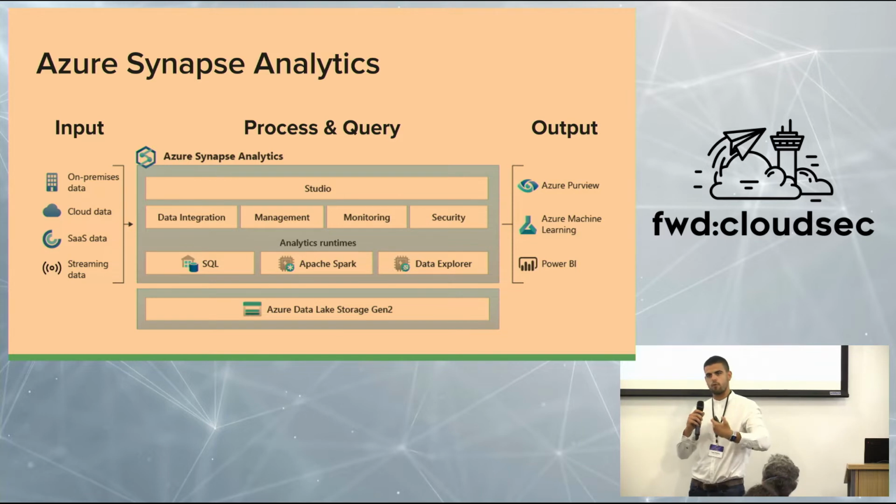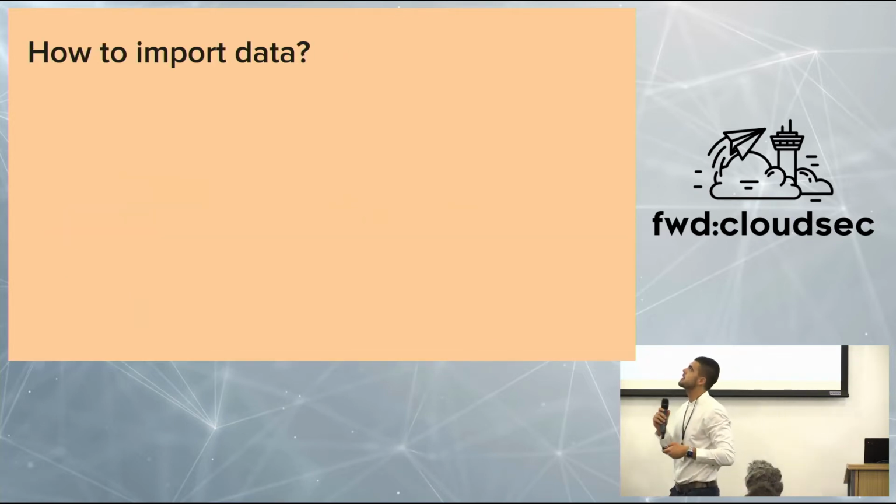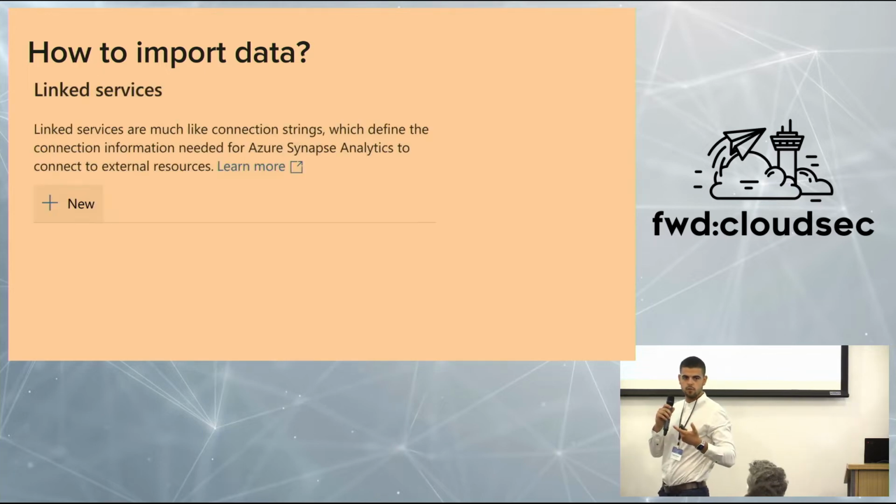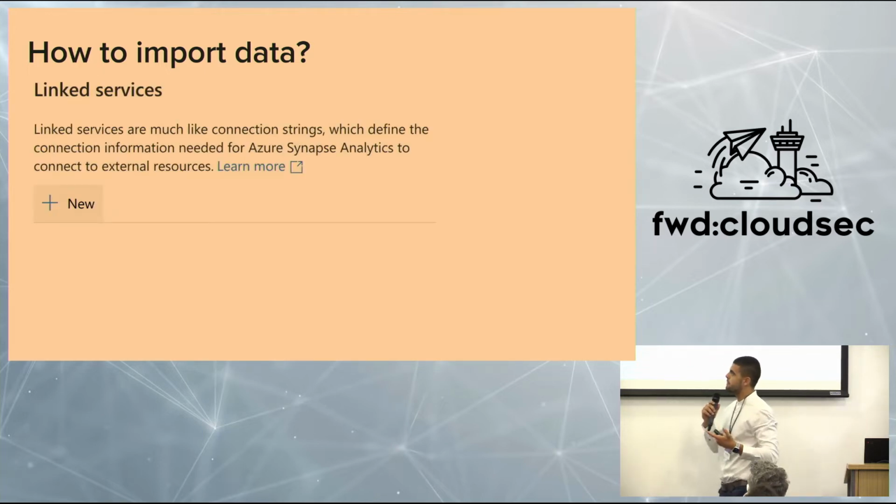Now, when we approach research, we first try to understand how a customer might use it, and then we want to understand how we can exploit different behaviors. So the first thing we need to do is focus on the left side, which is, okay, let's see how we can import data in Azure Synapse. There's a feature called linked services. When you go to the user interface, it's pretty simple.